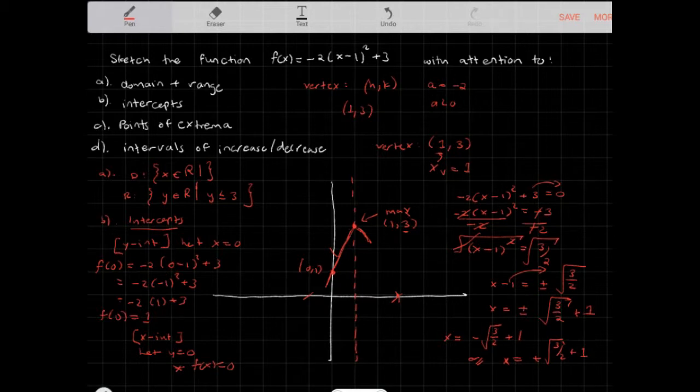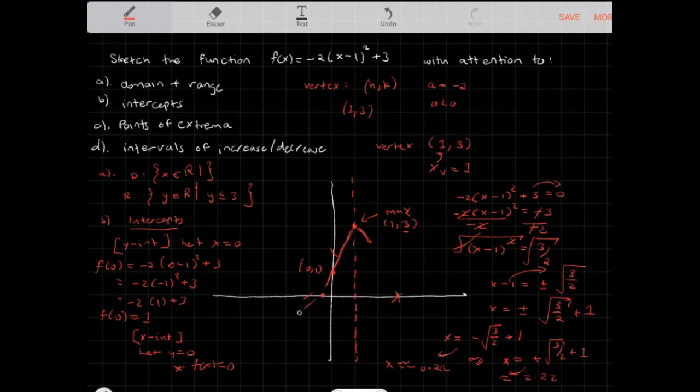If we wanted to find a decimal value of this, I can plug this into my calculator, so give me 1 second. Negative square root of 3 over 2 plus 1 is going to give us x equal to approximately negative 0.22. And positive square root of 3 over 2 plus 1 is going to give us approximately 2.22.